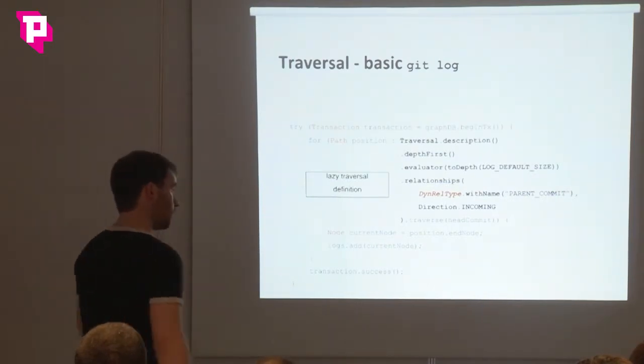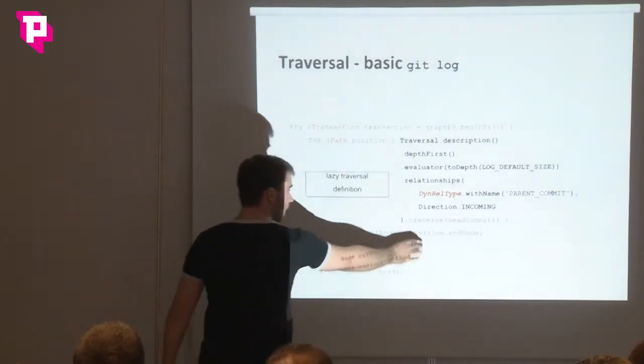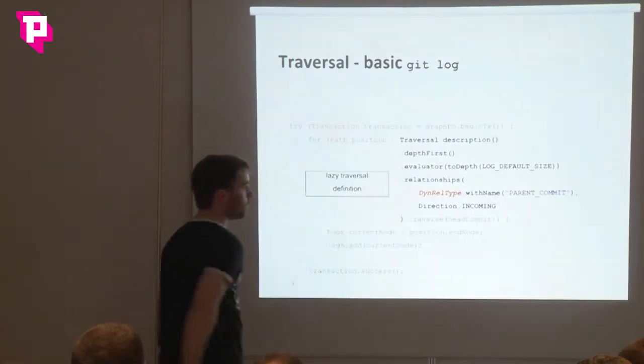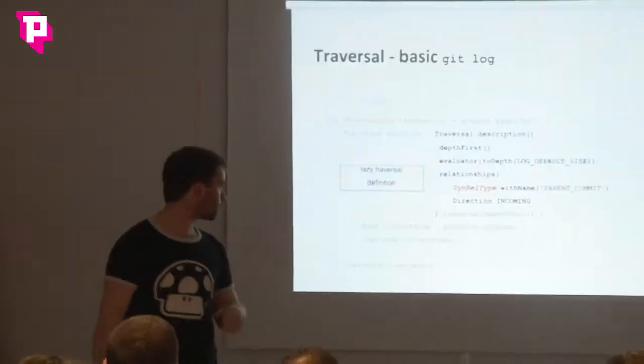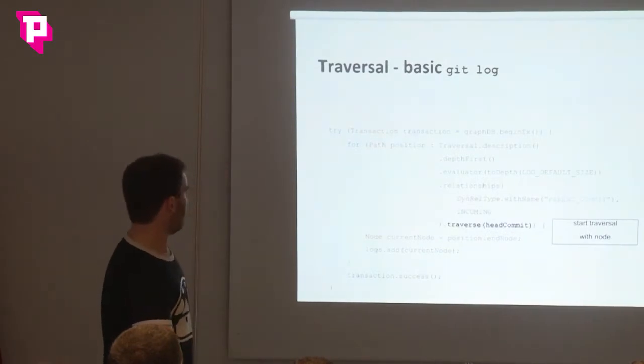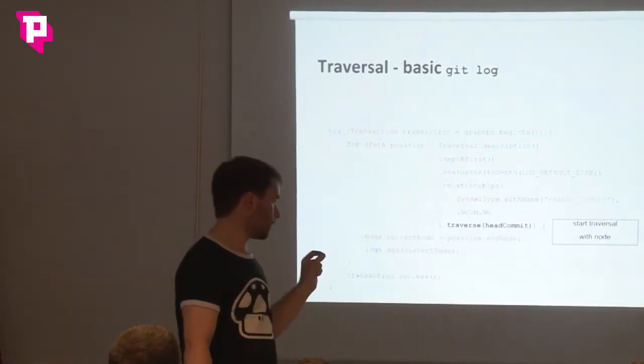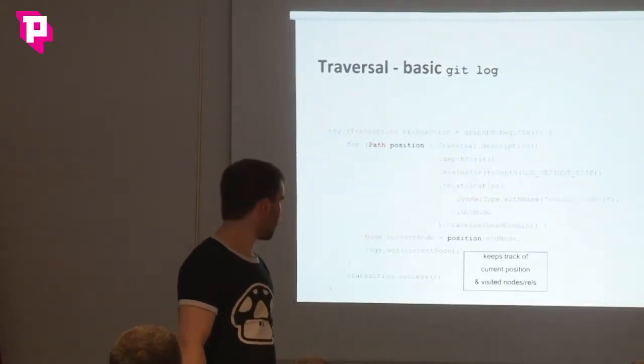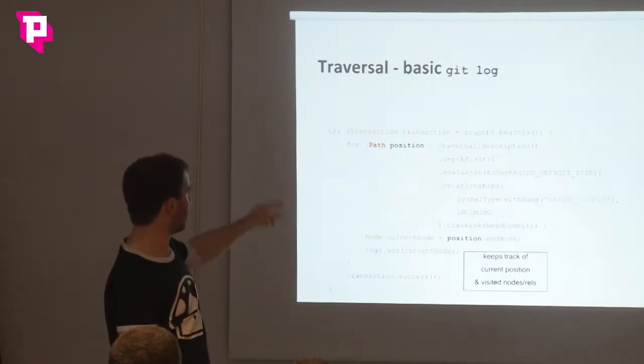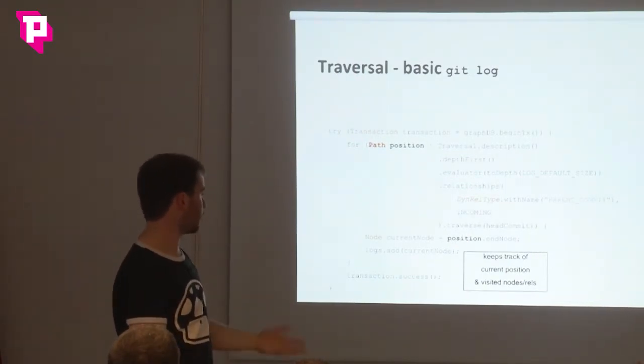That's lazy. Until you call traverse, nothing will happen. It will just store all your parameters in one traversal description object. You start the actual traversal by giving one start node, and then you can give a callback and just keep track of what you want.